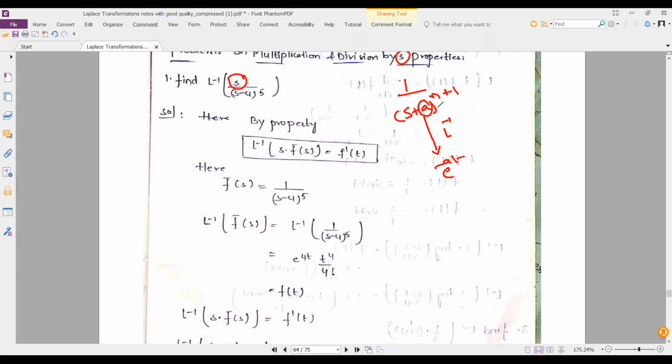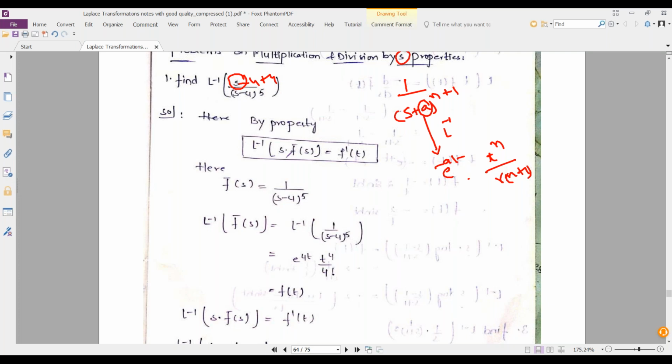Now it's in the form of 1 by s power n plus 1, and 1 by s power n plus 1 means t power n by gamma of n plus 1. That's the formula. So e power minus at times t power n, but the numerator should not be there. One option is to write this as s minus 4 plus 4 and simplify further, or simply take s separately like this.